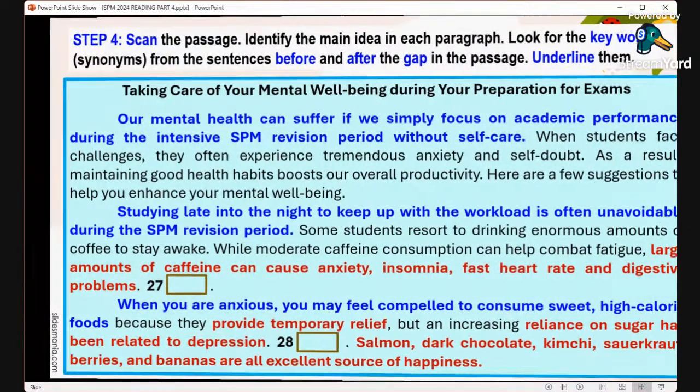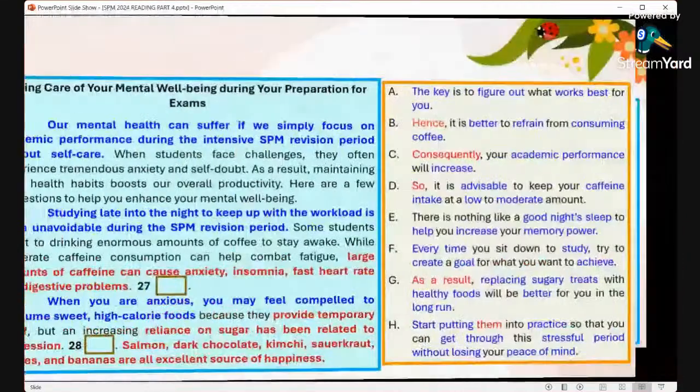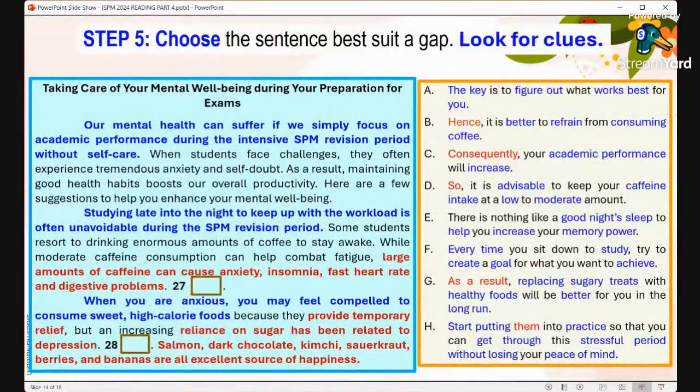So once you have done that, you have to choose the best sentence to suit the gap. So you look for the clues. So let's look at 27, everybody. What are the clues that you would want to underline first in the text before you choose the answer?